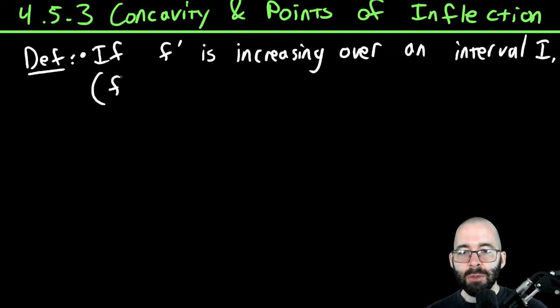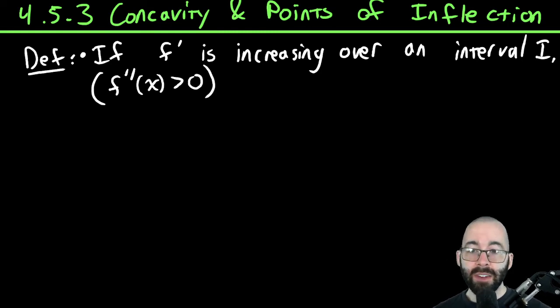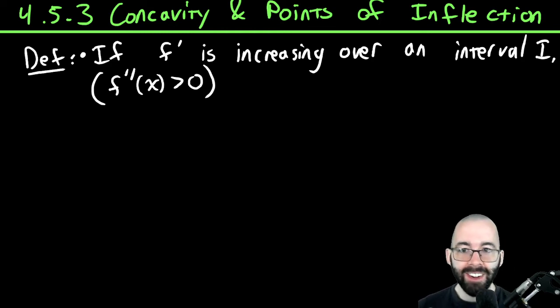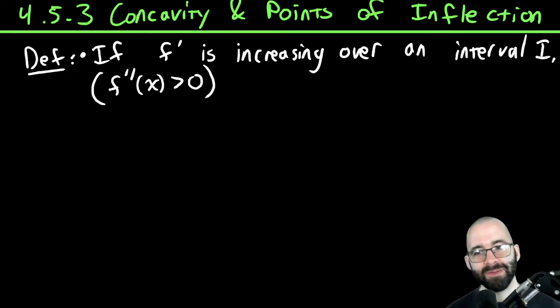What's the derivative of f prime? Just add another prime. So this is just saying that if the second derivative is positive, f prime is increasing, using the stuff that we talked about in the first video. The derivative of the derivative is the second derivative.